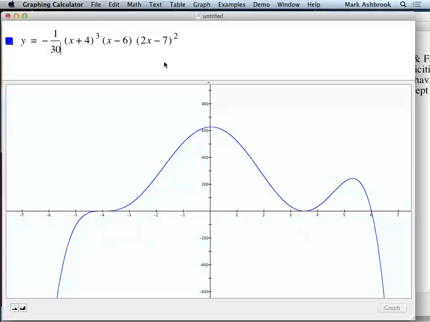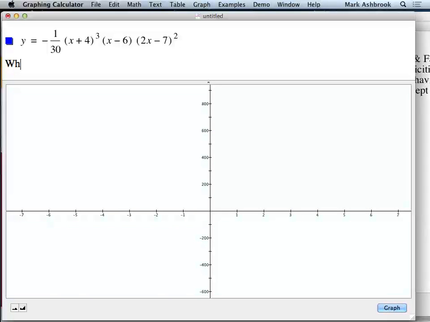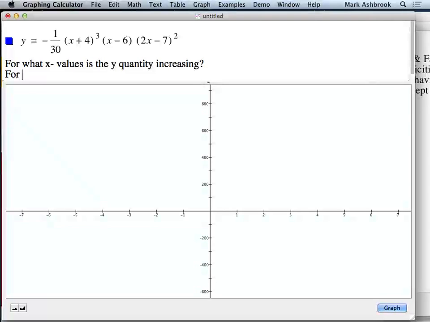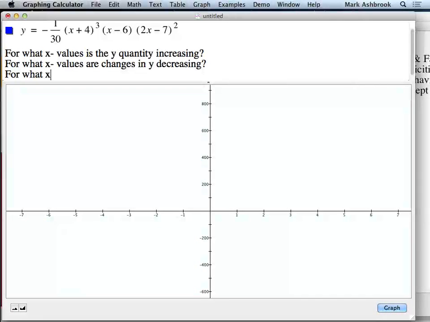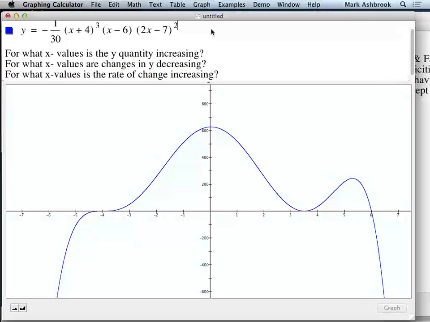Okay, so now I want to ask you some questions about this graph. Go, discuss.